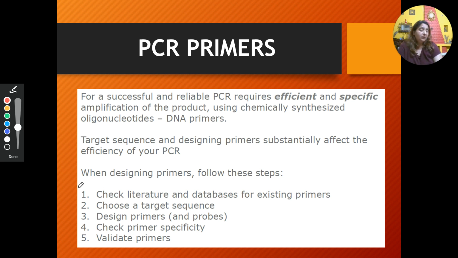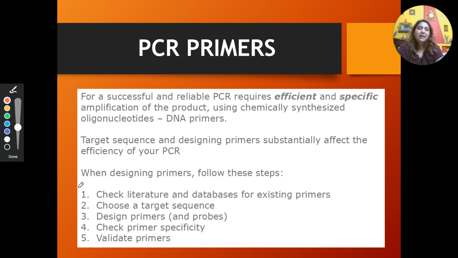Let us assume a situation where you do not have a sequence in the database. In that case, be sure what your target sequence is, what you want to amplify. Do you want to amplify an RNA sequence? Do you want to amplify a mitochondrial gene? Do you want to amplify a particular gene, for example, the DNA polymerase gene?